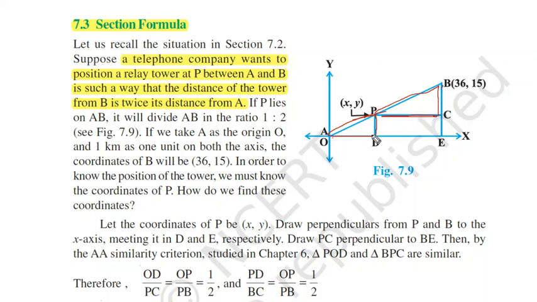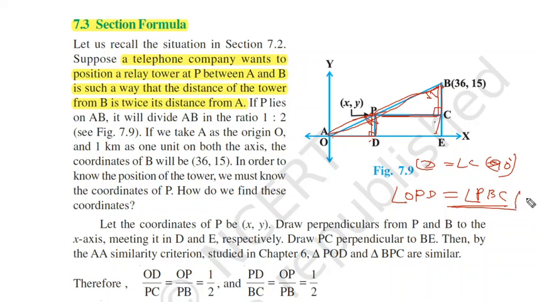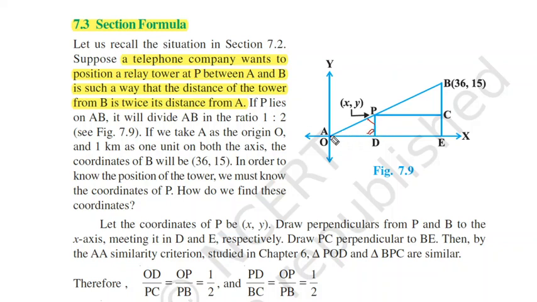Between these two triangles, angle D and angle C are 90 degrees, so angle D equals angle C. Also angle OPD is equal to angle PBC, as PD is parallel to BC and AB is the transversal, so these two angles are equal because they are corresponding angles. So two angles of triangle OPD are equal to the corresponding two angles of triangle PBC.